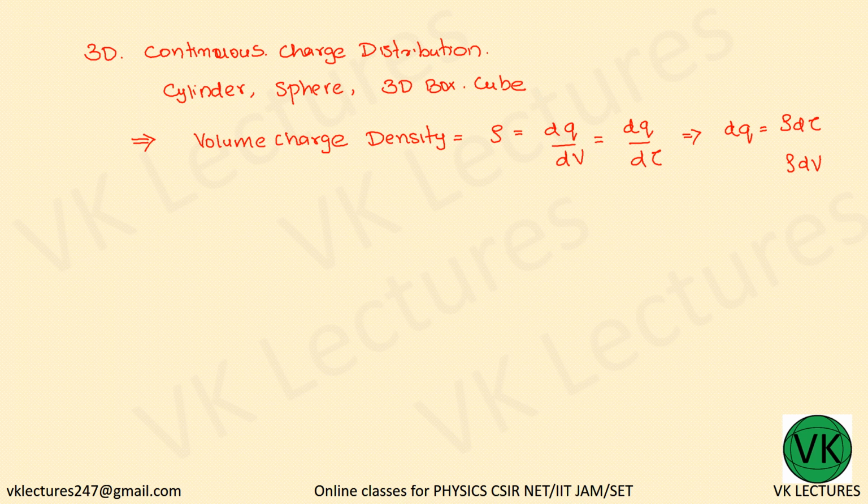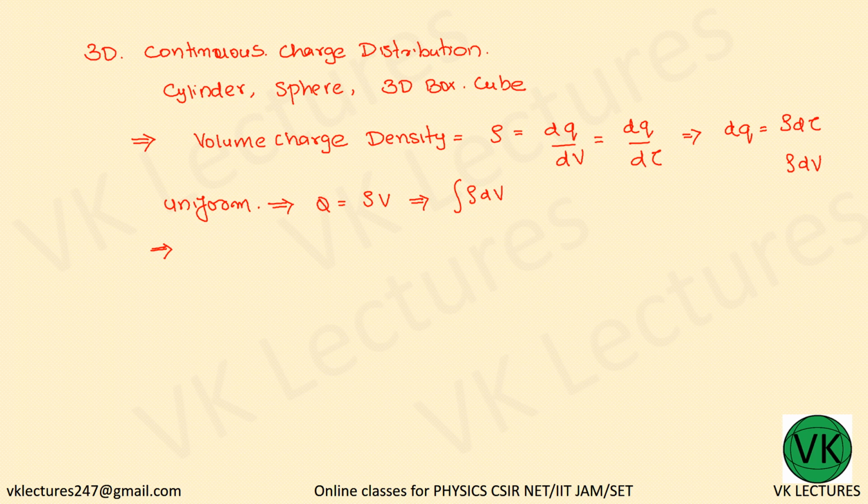Now for uniform charge distribution, we have the total charge q equal to integral rho dv, and rho can be taken out because it is uniform, and integral of dv gives you the total volume, so q is rho times v.